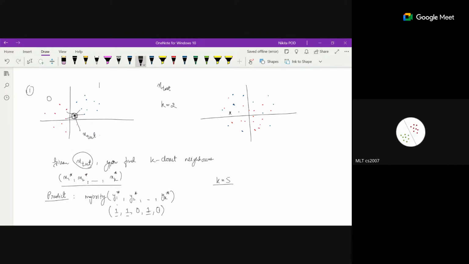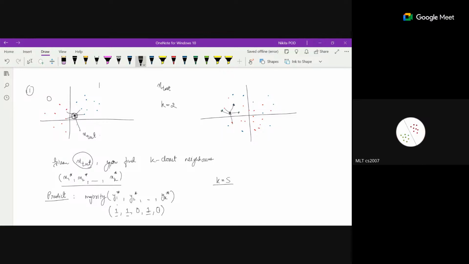Now, if I say find five nearest neighbors and, using them, predict the label for this point, then looking at this picture, maybe this one, this one, this one are closest. This is also closer. So the maximum is blue out of five. So first we will decide the closest, and then we will decide the majority of that by checking the labels.